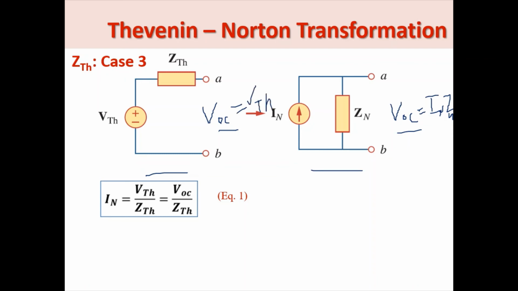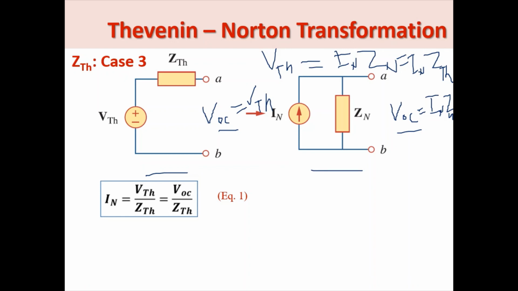Now this suggests that VTH is actually equal to I sub n times Z sub n, which is equal to I sub n times ZTH, since Z sub n and ZTH are the same.